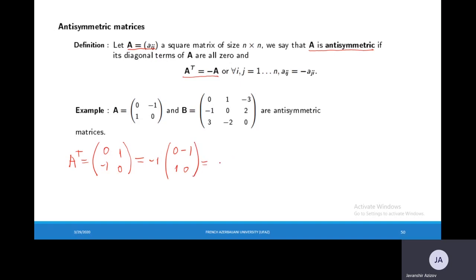Instead of minus 1, I will write minus. 0, minus 1, 1, 0. This expression is A, minus A. Okay, from here, the transpose of A will be minus A. In addition to this, all diagonal terms of this matrix are zeros. Because of this, the matrix A is antisymmetric.